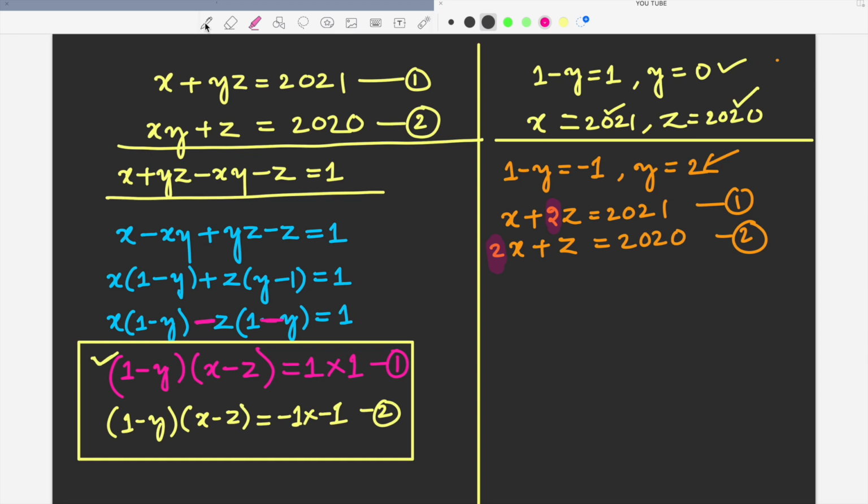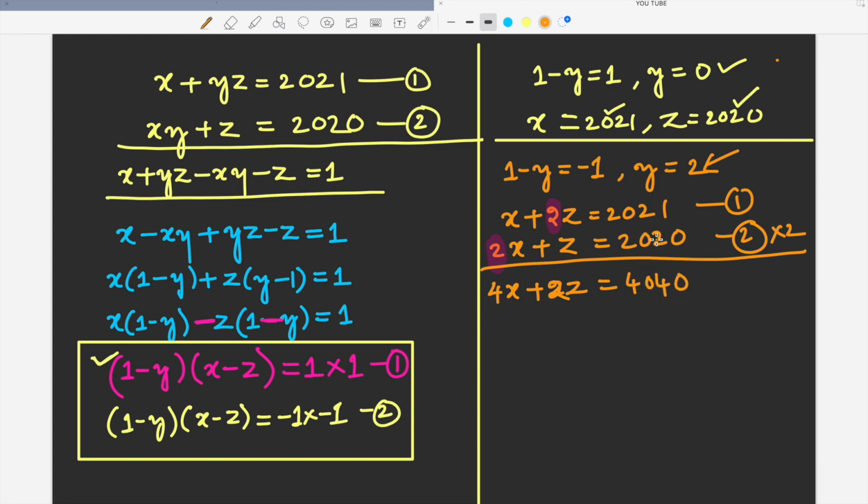Then we solve these two equations, then we'll get it. I multiply the second equation by 2 so as to make the coefficient of z equal. So 2 into 2 would be 4x plus 2z equals 4040.